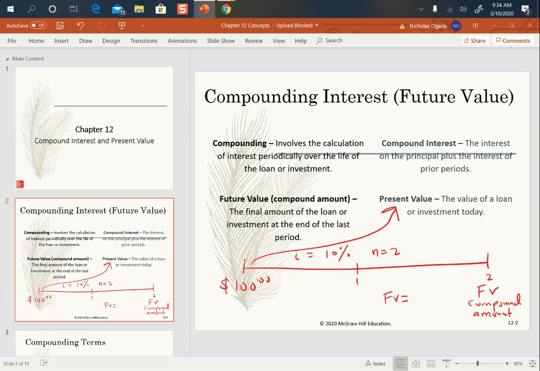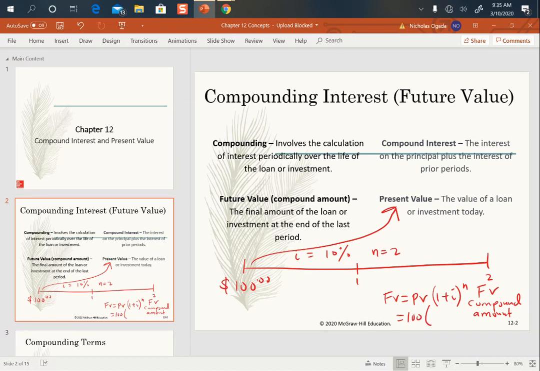So our future value will be how much you're investing today. So it's going to be your present value, the $100, times 1 plus I, raised to a power. Again, we're going to see how this works out later on, but just to give you a quick overview, this amount will grow in the case of you putting $100 today at a rate of 10%.